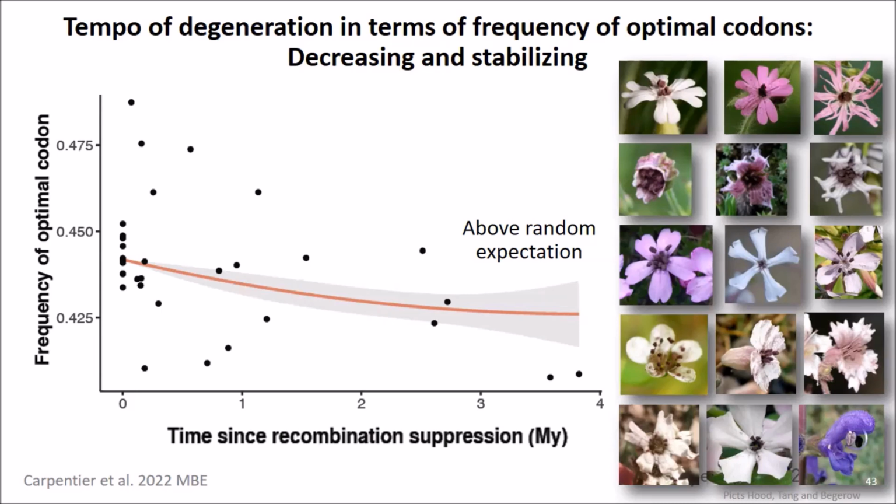And so we looked at the frequency of these optimal codons with time since recombination suppression, and you can see that the frequency of optimal codons decreases, but smoothly with time, and then seems to reach a plateau that is actually above random expectation. So it seems that selection is still a bit efficient to keep some frequency of optimal codons above neutral expectation, but still it decreases with time.